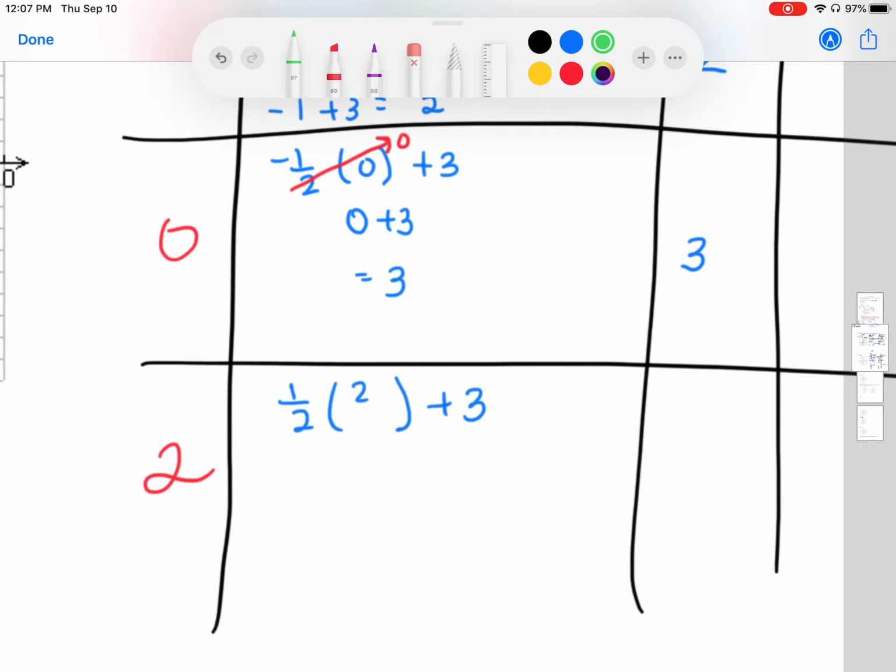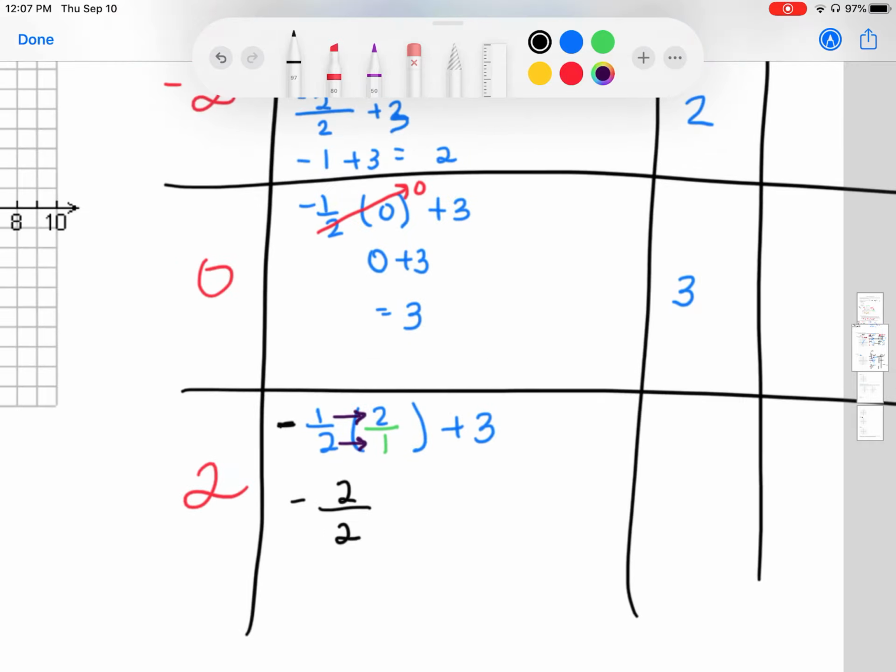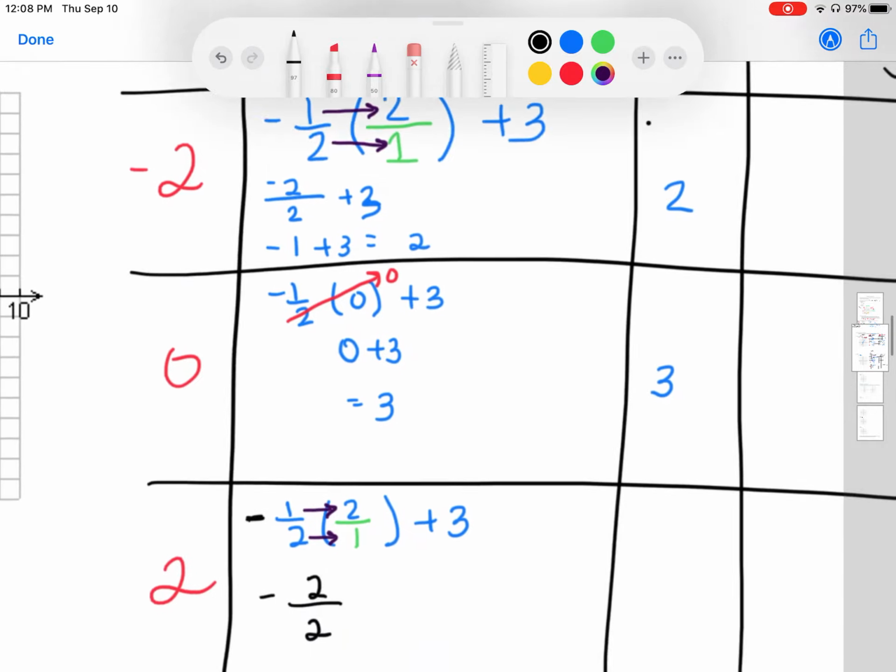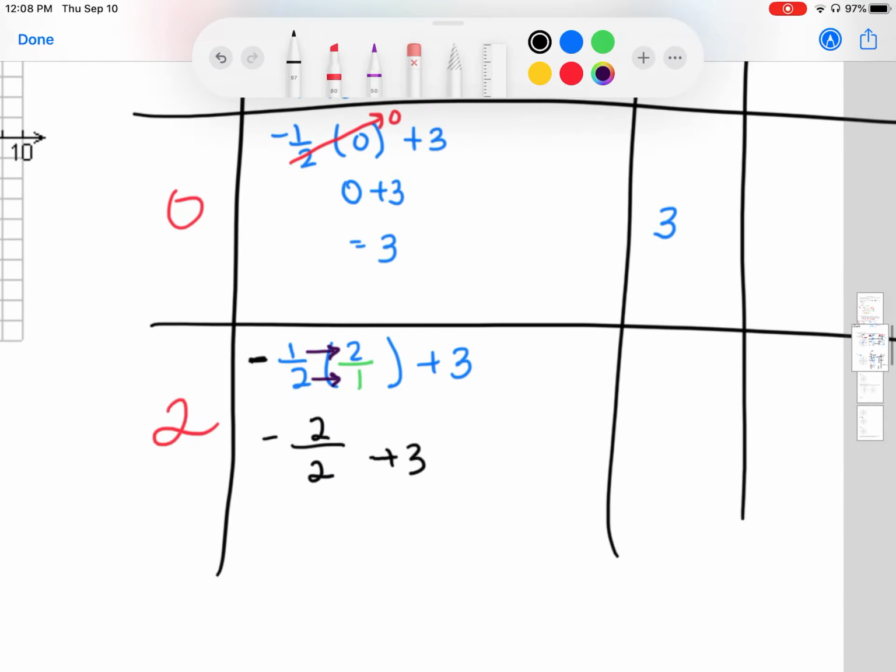Write our 2 as over 1, and then we multiply across. So 1 times 2 is 2, and 2 times 1 is 2. And I think I forgot the negative in the front, so that's negative 2 over 2, plus 3. We get negative 1 plus 3, we get 2.